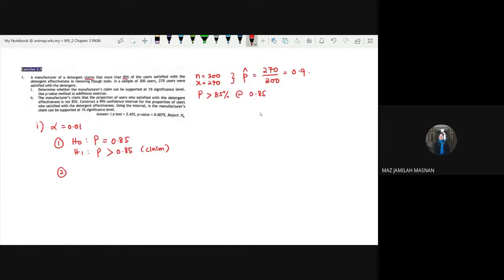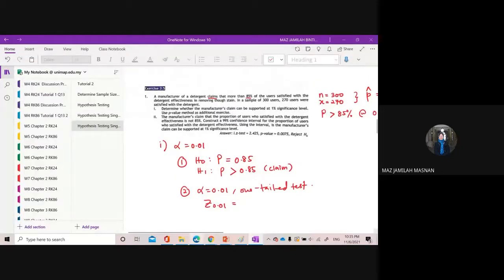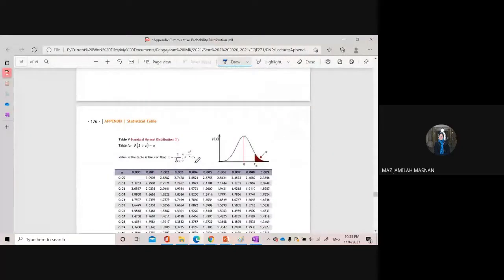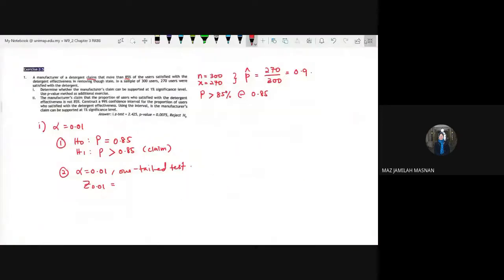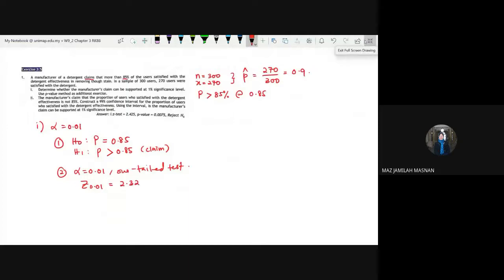For alpha 0.01, since this is a one-tail test, then Z 0.01 is equal to, let's look at the table, alpha 0.01 is 2.3263. Okay, one tail test.